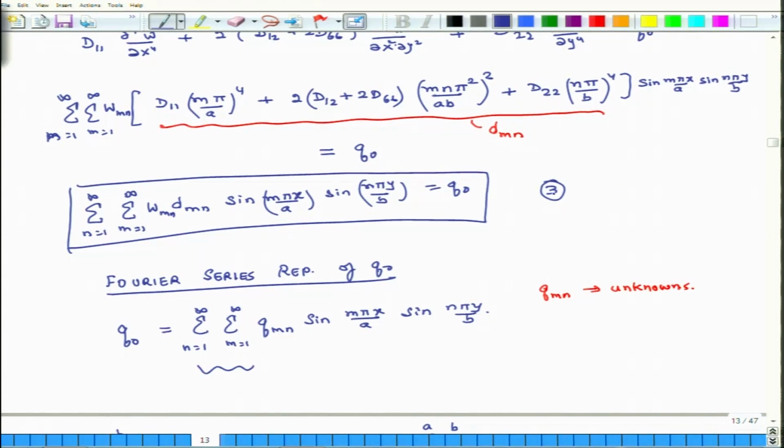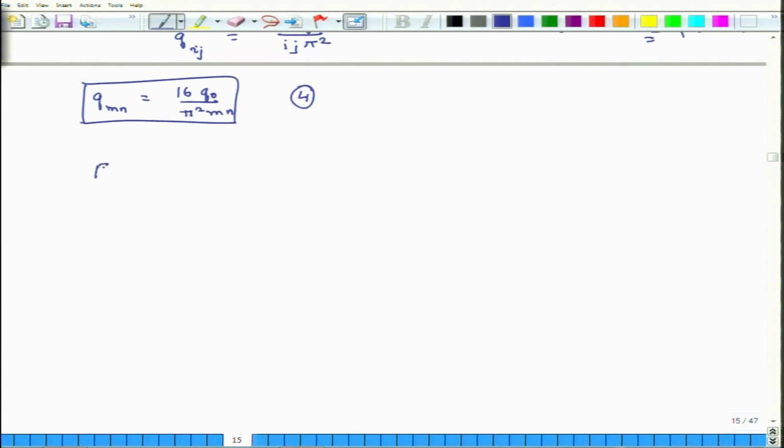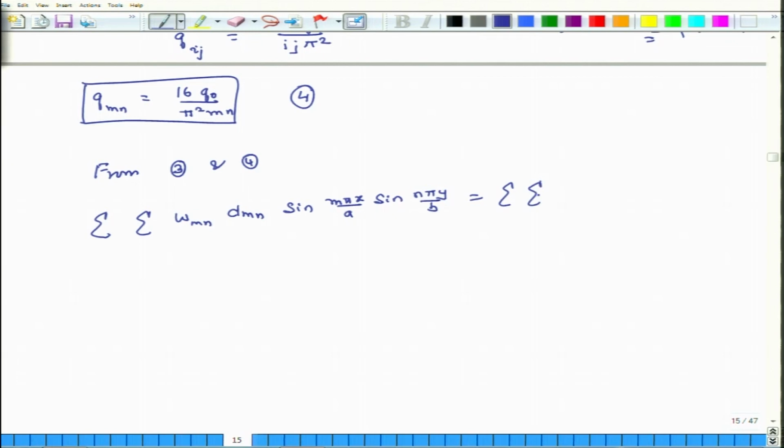So, if I combine 3 and 4, this is the thing we get.